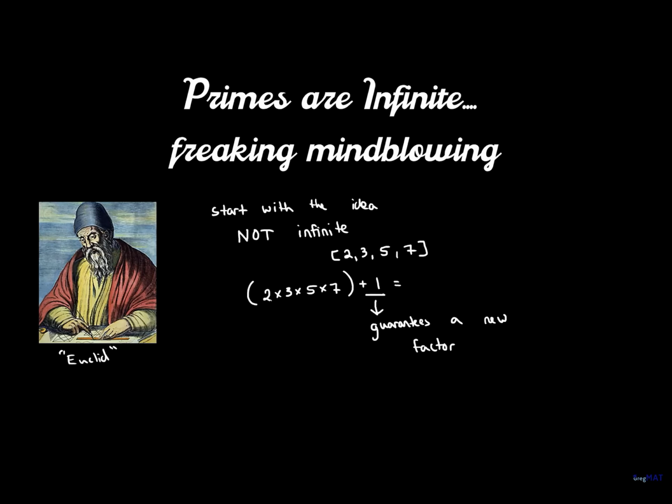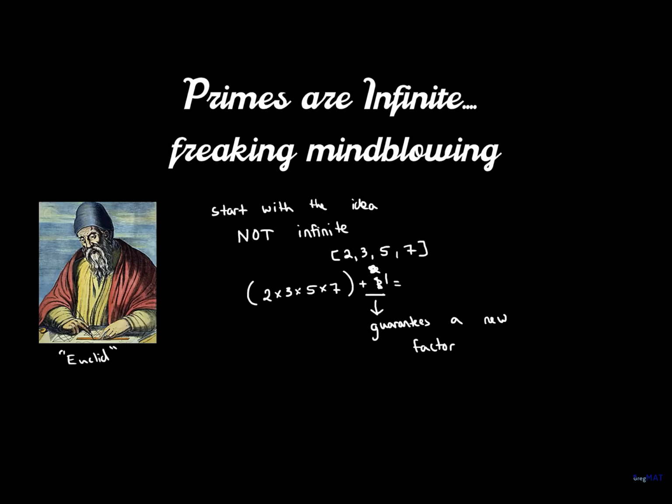Again, remember, we know 2 goes into this number because we have the 2. We know 3 goes in, we know 5 goes in, we know 7 goes in, but then when we add this 1, well, 2 doesn't go into this new number because all we did was add 1. If 2 is going to go in, we would have to add 2, right? Not 1. So 2 doesn't go into this new number, 3 doesn't, 5 doesn't, 7 doesn't, so there must be a new factor built into this new number. Well, let's take a look.